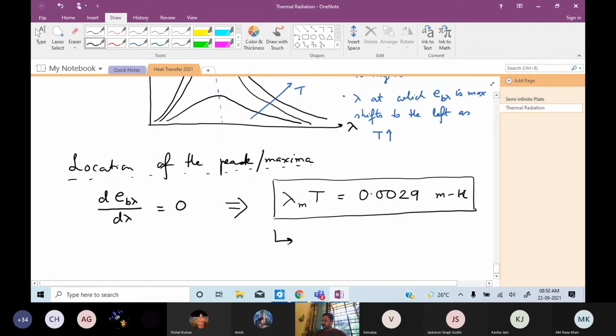And this, my friends, is our second law of black body radiation, known as Wien's law, or Wien's displacement law.